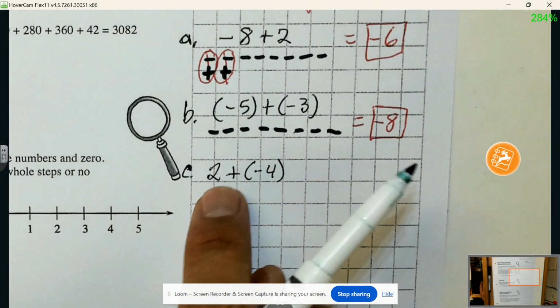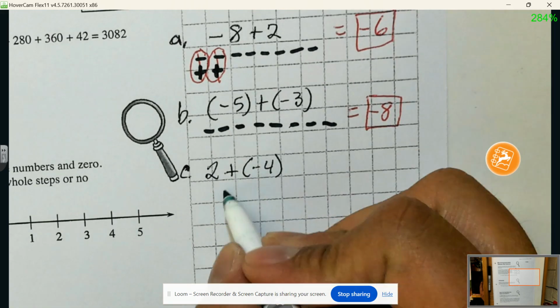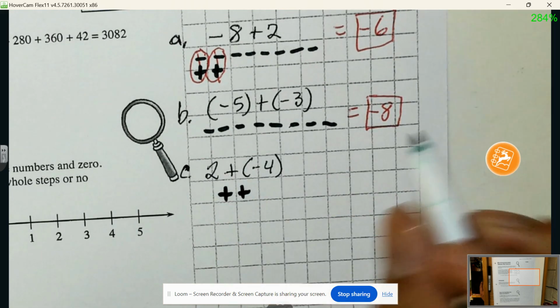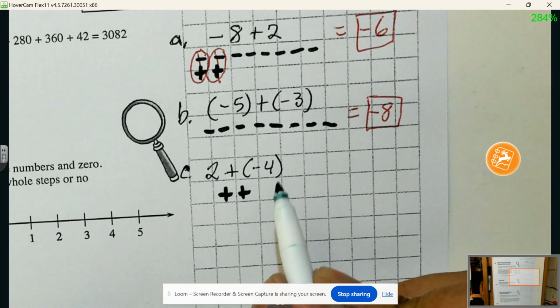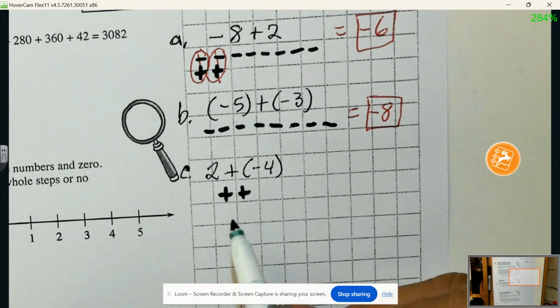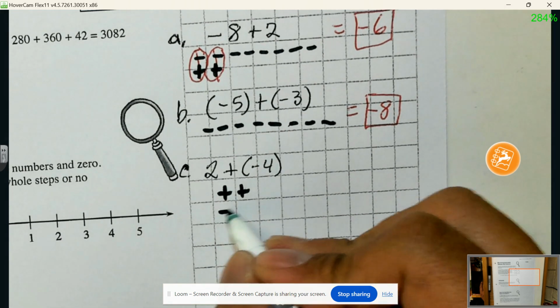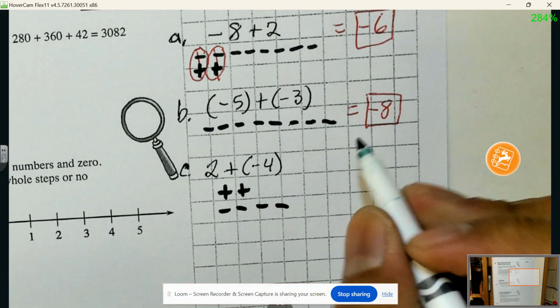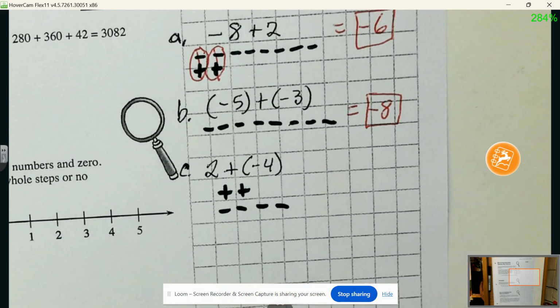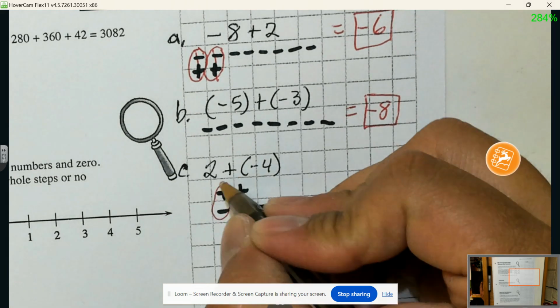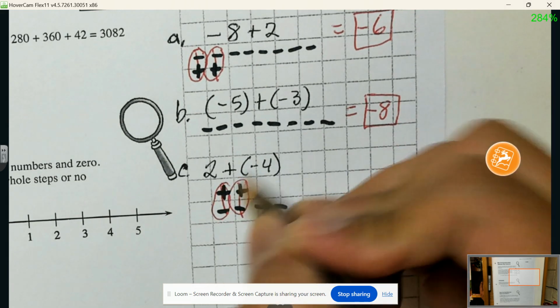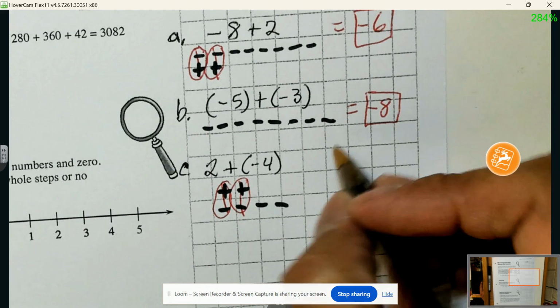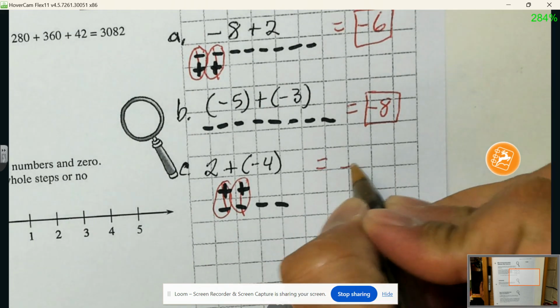Okay, so we're starting with 2. So here's 1, 2. And I'm adding 4 negatives to it. So I'm going to add them down below. 1, 2, 3, 4. And so this gives me 2 zero pairs, leaving me with an answer of negative 2.